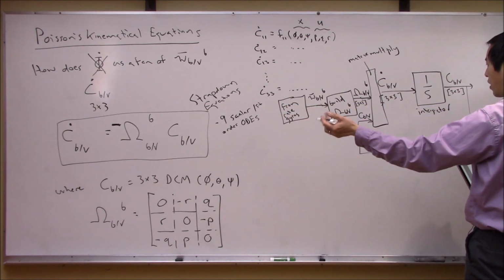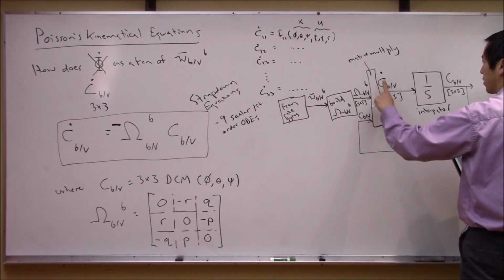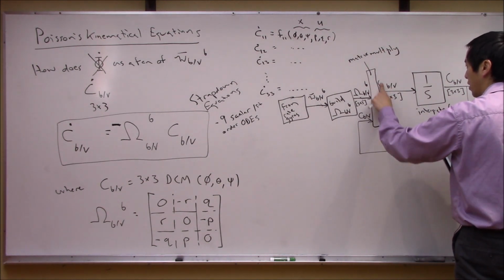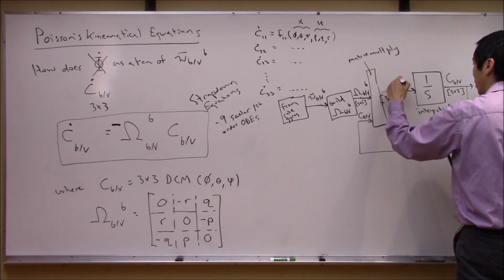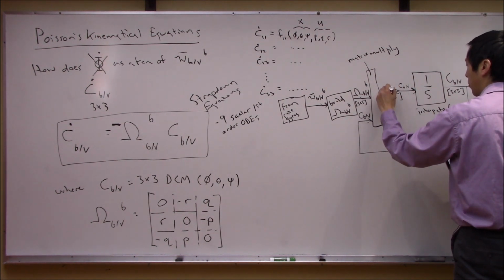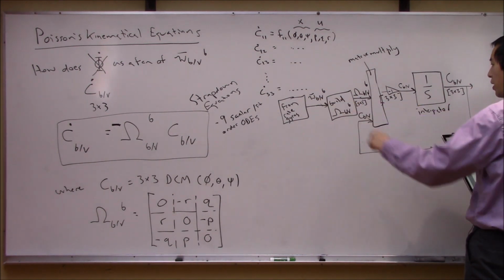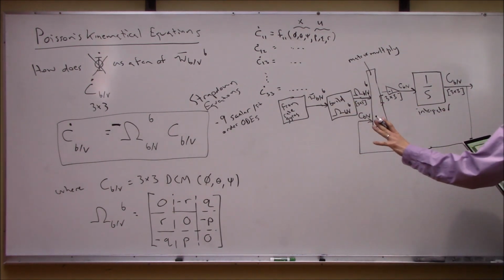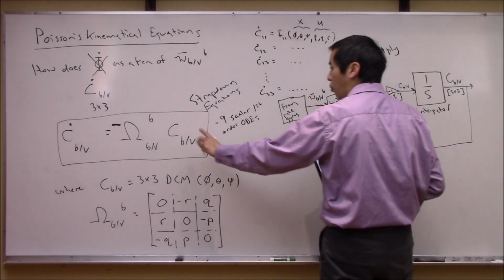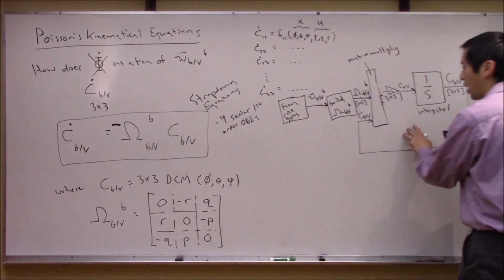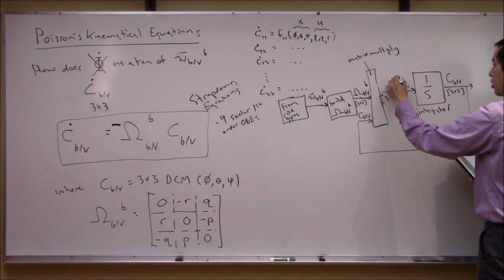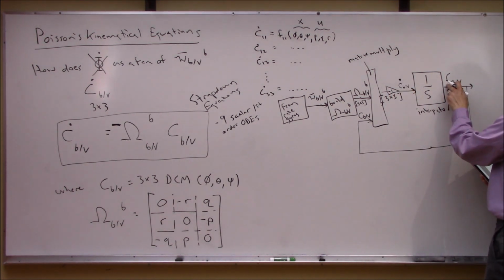We can stick that wherever, it doesn't matter. Let me move this C_BV over here, and I'm just going to stick a -1 gain in there to take into account the -1. Okay, and then we're halfway done, because if you think about this, all we're doing with this system is solving the differential equations to get the direction cosine matrix, right?